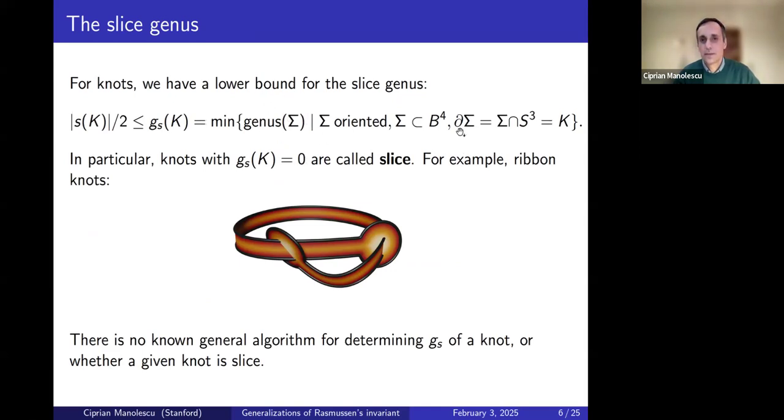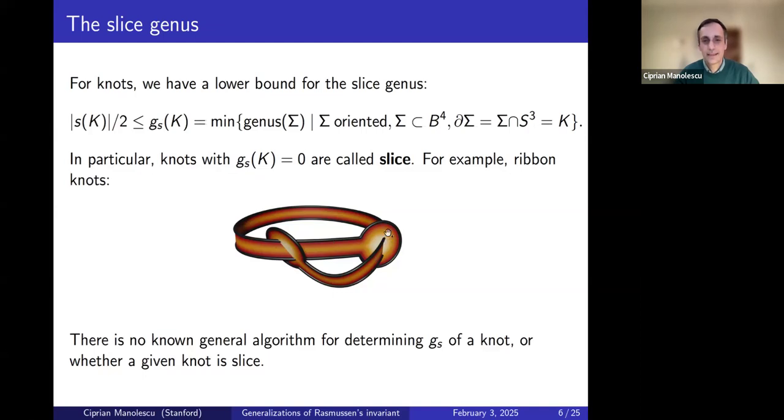What is the minimal genus of a surface that's oriented, lives in 4 dimensions, in the 4-dimensional ball, and its boundary is the knot? This is called the slice genus, and s over 2, using these functorial properties of Khovanov homology, is a lower bound on the slice genus. In particular, this gives some obstructions for knots to be slice.